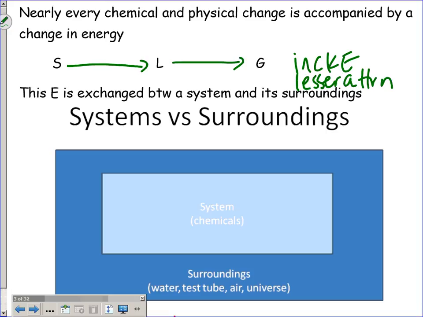The potential energy of a solid, they're in really close proximity, right? This one's different, this one's different, it's getting bigger, bigger, bigger. So the potential energy does change as well. But we're going to hit phase changes later. I just wanted to let you know there are a lot of energy changes happening even during a phase change. And vice versa, gas to solid would be decreasing in kinetic energy.